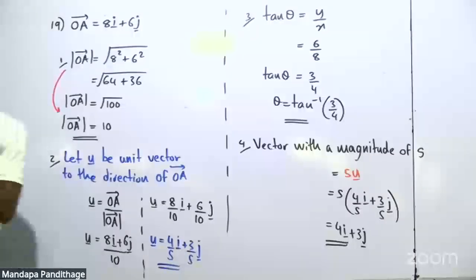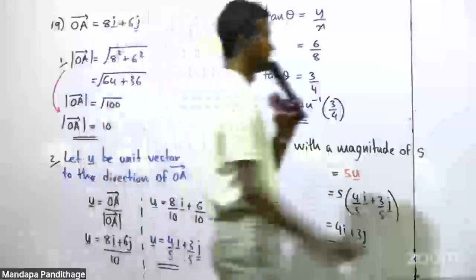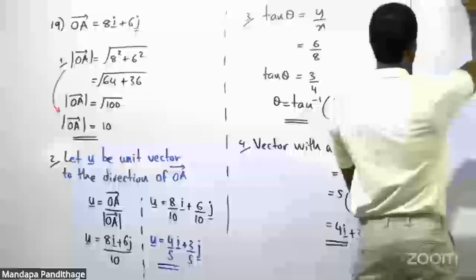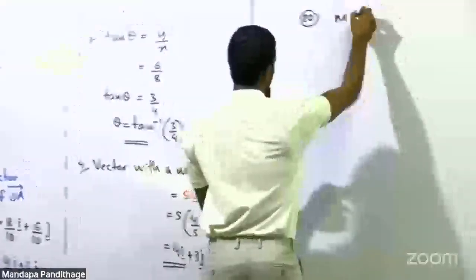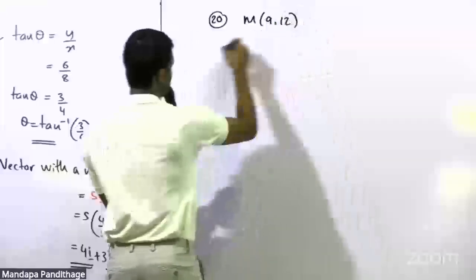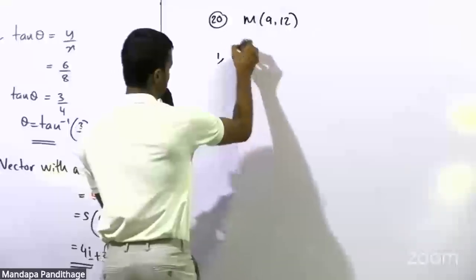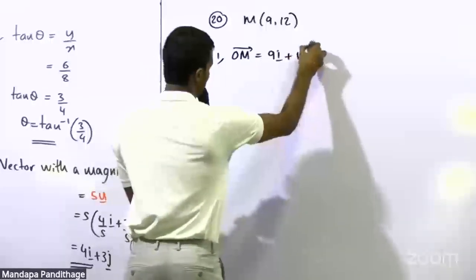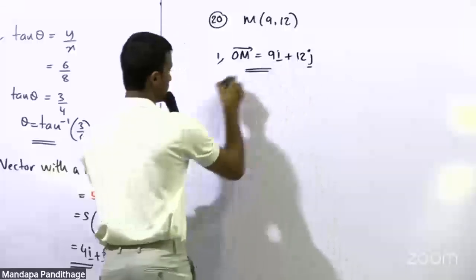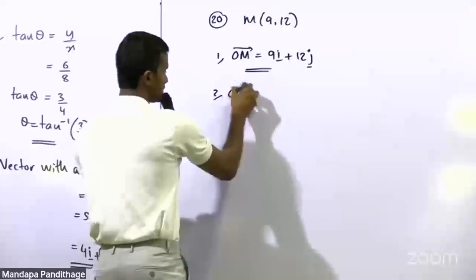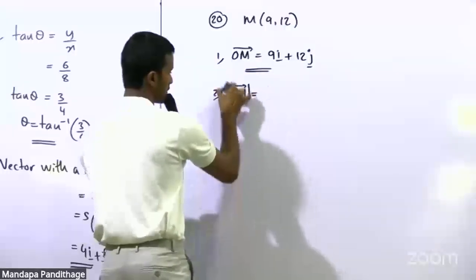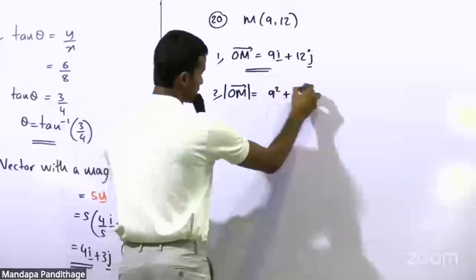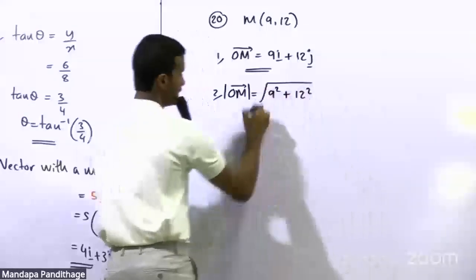Question number 20, the coordinates have been given as 9 and 12. The coordinates of M are 9 and 12, which means vector OM is 9i plus 12j. The magnitude is the square root of 9 squared plus 12 squared, which gives you 15.